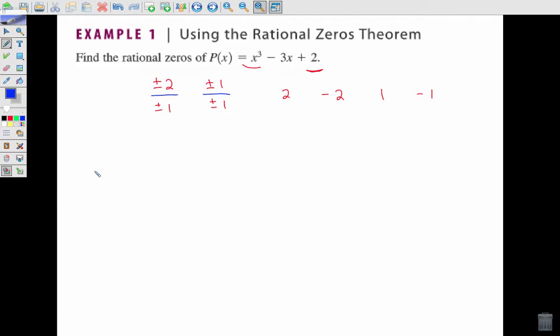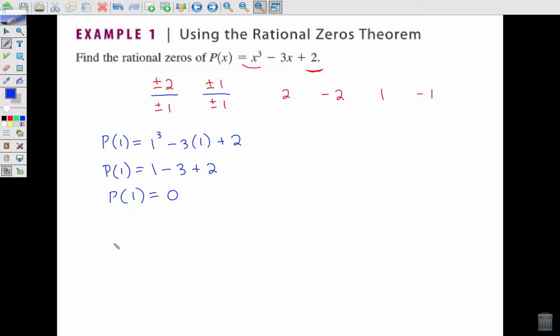So there's two ways to do it. We can use synthetic division or we can substitute. So why don't we try to substitute these and see if we can find a zero. So let's start with 1 because it's easy. Okay, so 1 to the third is 1, minus 3 plus 2 is 0.